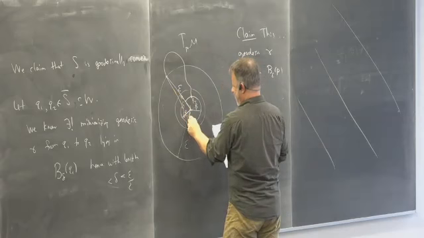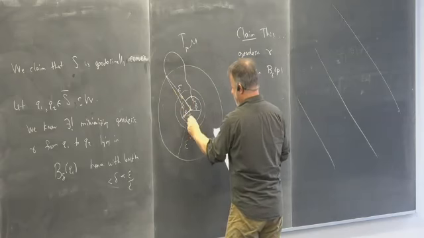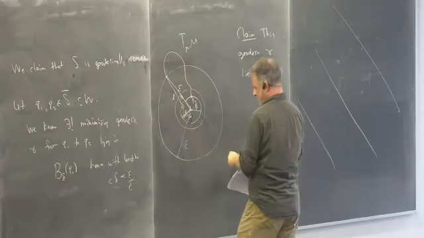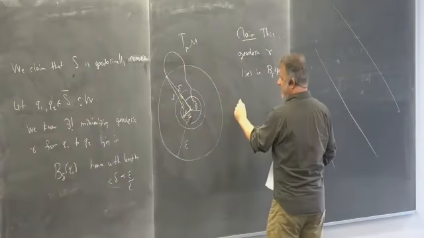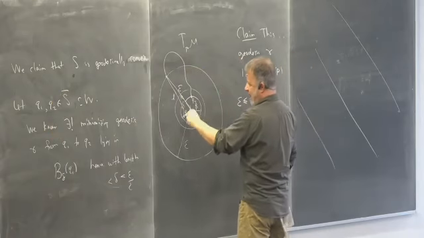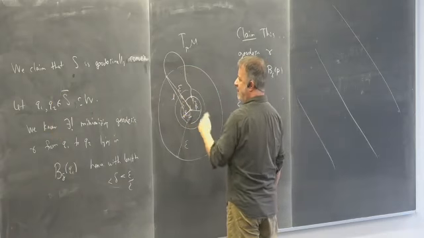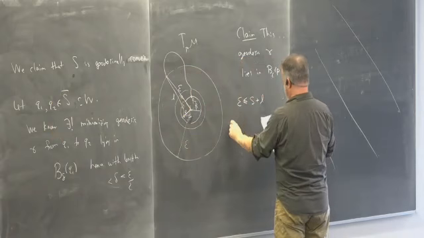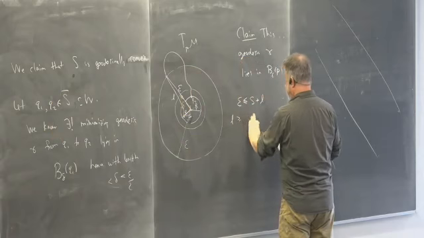Let's call this thing S, to agree with my notes. And this one here is L. Okay. So what do we know? We know that epsilon is less than or equal to S plus L, right? Because that is a piecewise smooth curve joining this point, and they lie inside a normal neighborhood. So therefore, L is at least epsilon minus S.